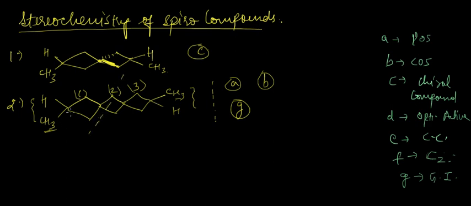If we flip it across this axis 180 degrees, it would have a C2 axis of symmetry, hence F would also be there.